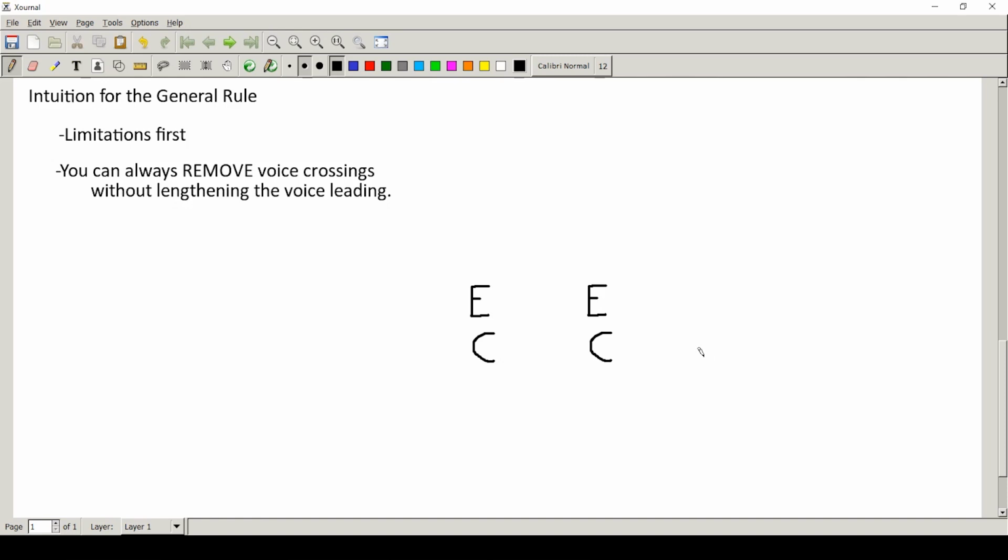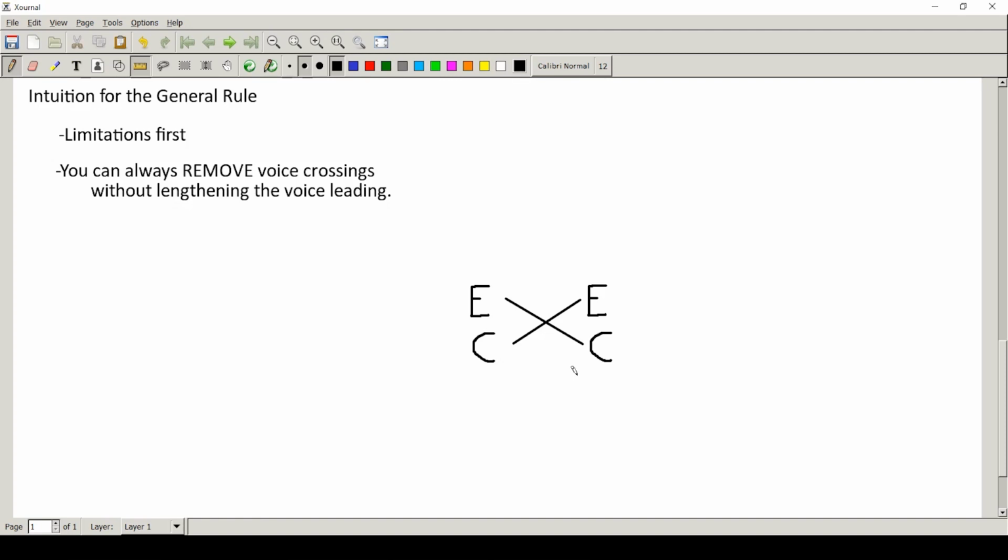Now, obviously, that's going to be C stays C and E stays E. But suppose we didn't know that at first. Let's suppose we just had no intuitions about this whatsoever, and we tried a voice leading that went like this. C goes to E and E goes to C.